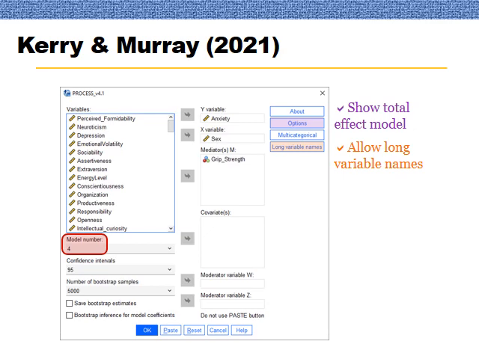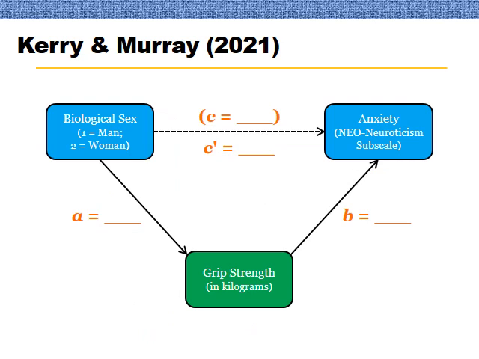And just like we did before, in the options menu, we're going to select the box to show the total effect model so that we can fill in the value of C on this diagram. Go ahead and run this analysis and make sure you're able to pick out the appropriate coefficients A, B, C, and C prime and add them to this figure. I'm going to ask you to pause your video now, find those coefficients, and add them to this diagram.